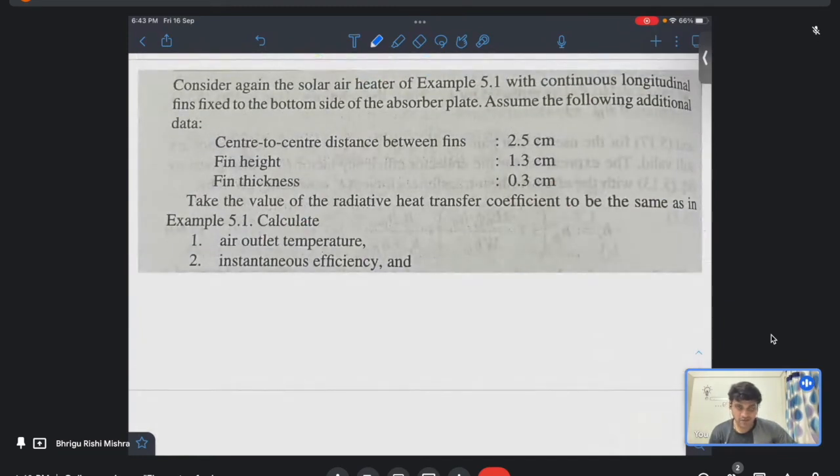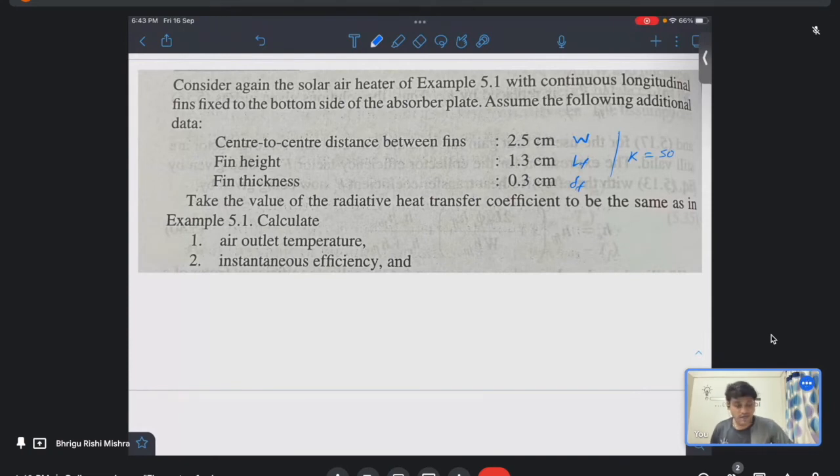Again, considering the same air heater and assuming the following additional data: center to center distance between fins, that means W; fin height 1.3 centimeter, that means LF; and fin thickness 0.3 centimeter, that means delta F. Also we are considering that the fins are steel, so the thermal conductivity K is 50 watt per meter Kelvin.